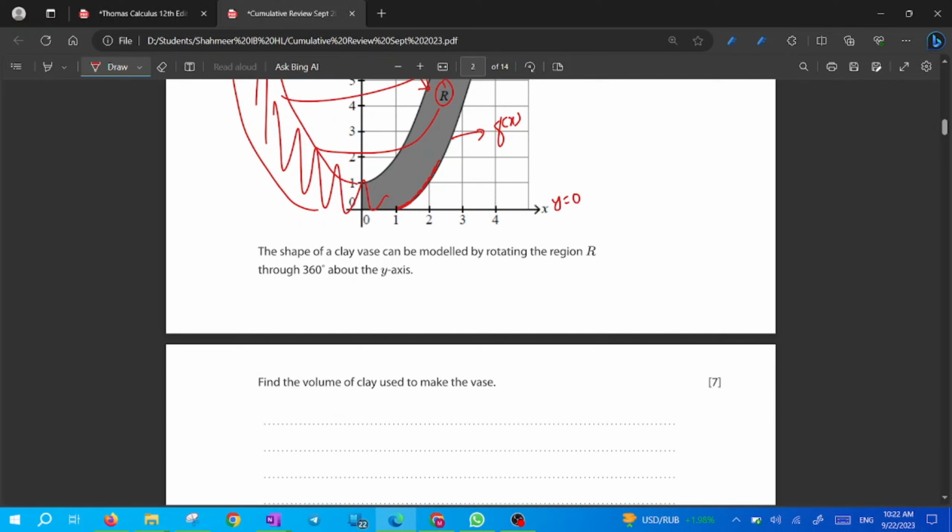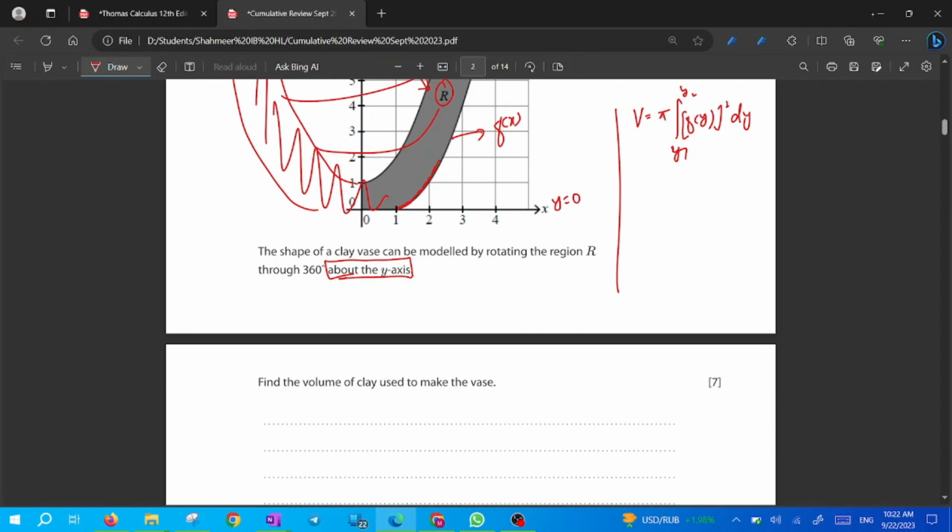I hope you remember the formula. Since it is rotated about the y-axis, the volume is π times the integral from y1 to y2 of (f(y))² dy.